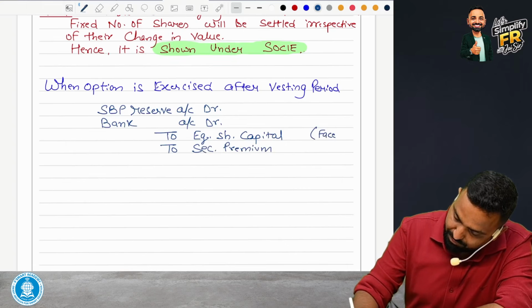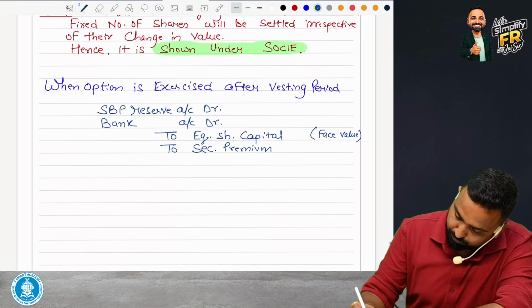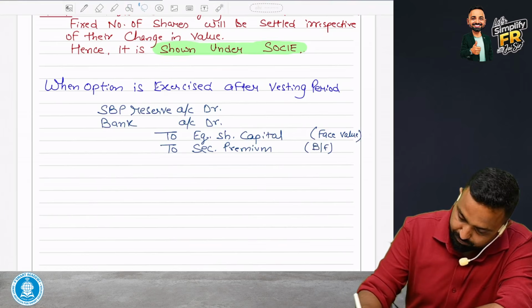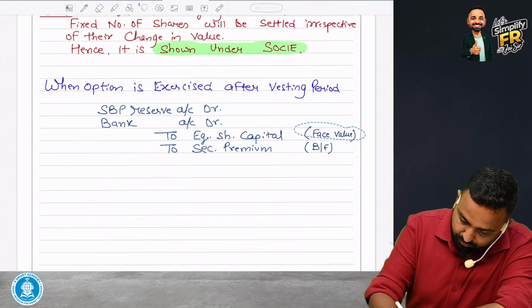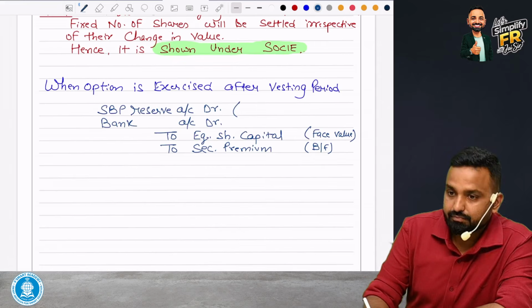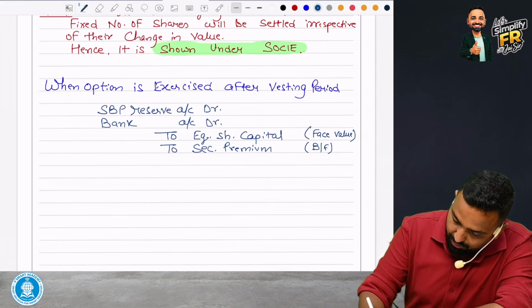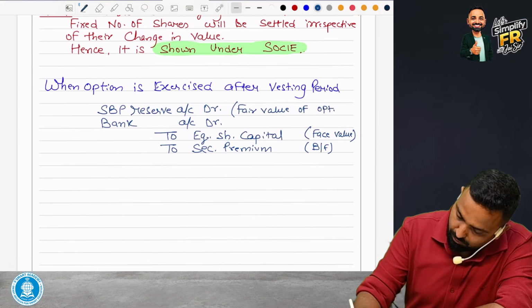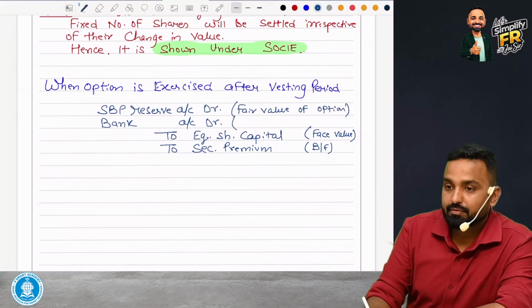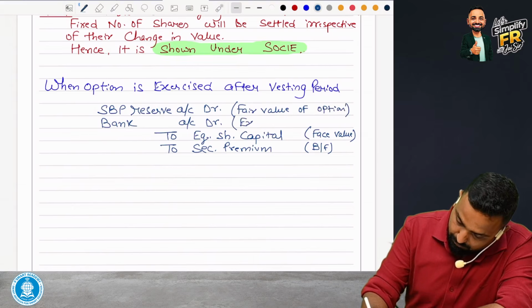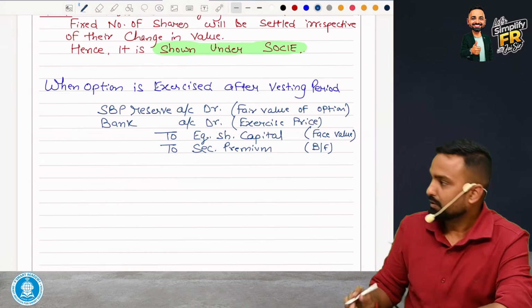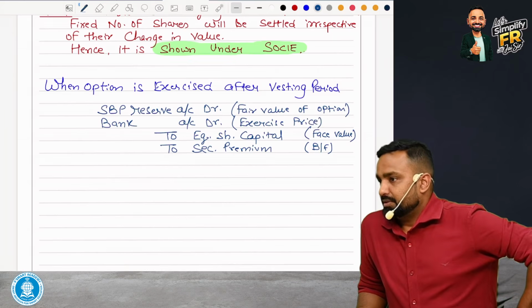Here face value, here balancing figure, here fair value, can I say? Right.